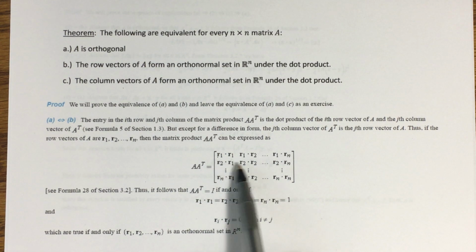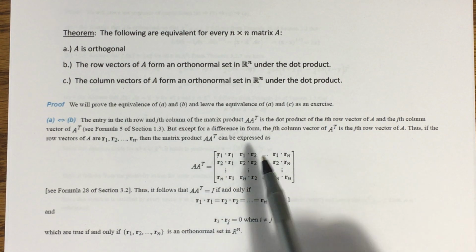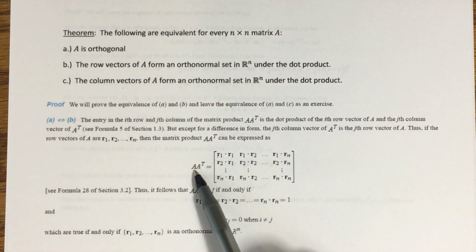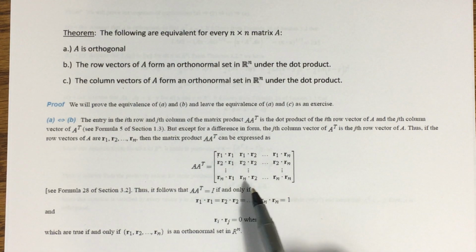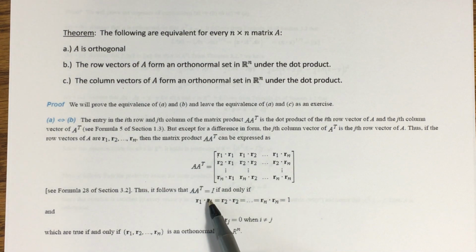By dotted, I mean the dot product of the ith row with the jth column. So using what we know about the rows and columns of A and A transpose, this matrix is what would result from taking this product.